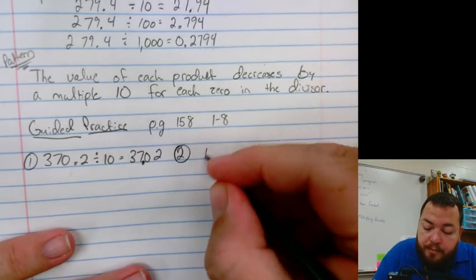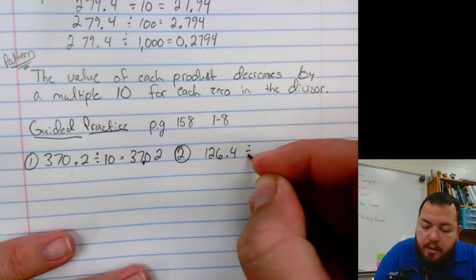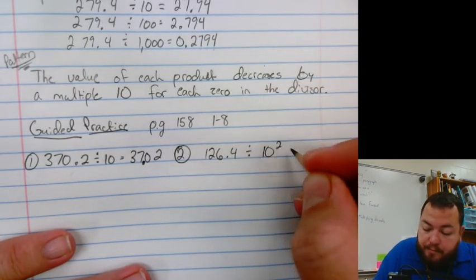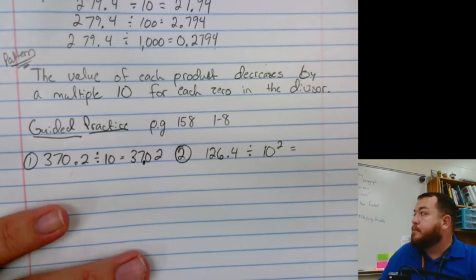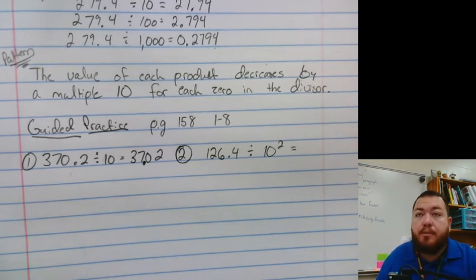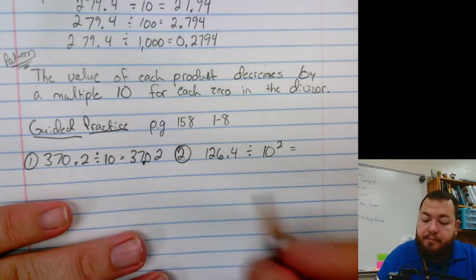And then we'll do another example. I'll do 126 and 4/10 divided by 10 to the second power. Now, the first thing I want you guys to do is rewrite this problem with that power explained, okay?